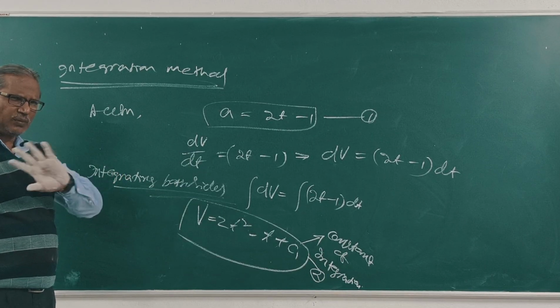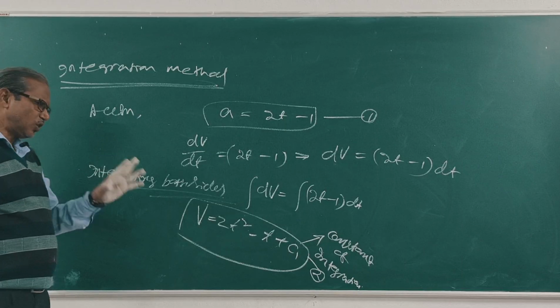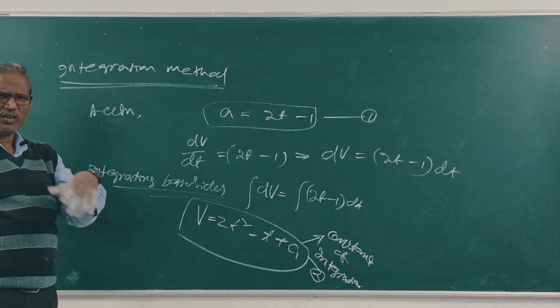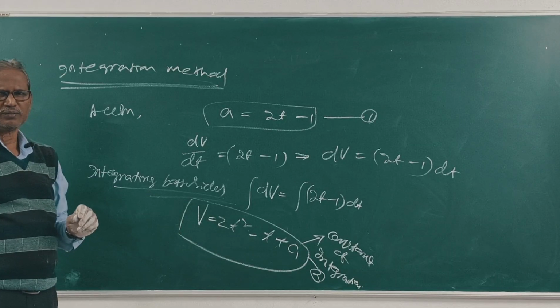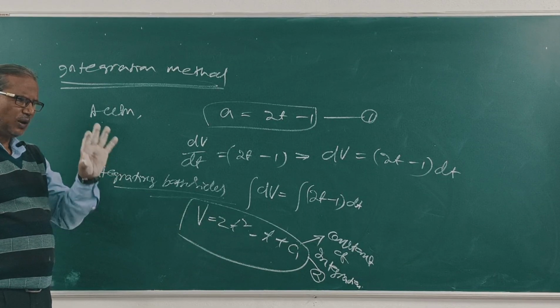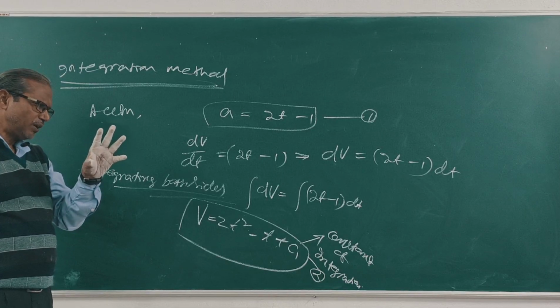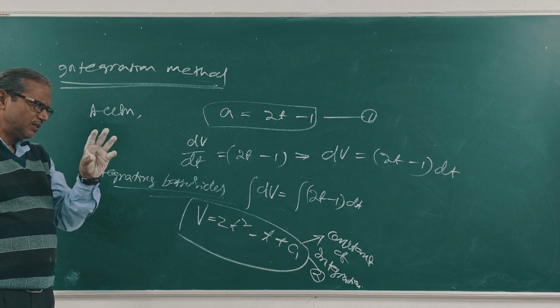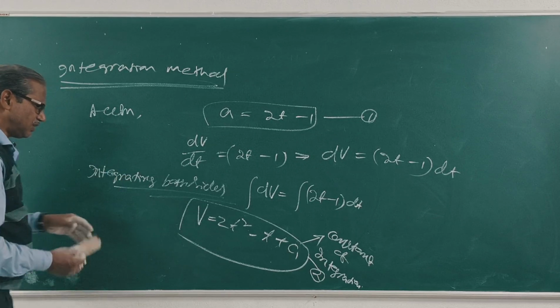If nothing is given, I can apply the origin: at origin t is 0, s is 0, v is 0. Then you can find out c1. Clear? So we will apply the origin condition, or we can solve the problem by the condition given in the question. Clear? So this is v.